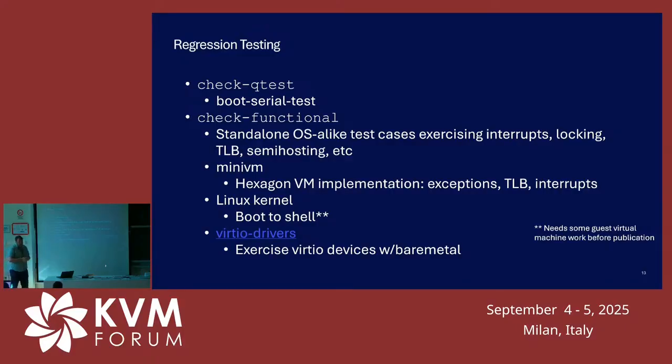We can boot to a shell with the Linux kernel, but that's critically dependent on the progress with the VM, and at least the current state of that mini VM is not quite there yet to be able to get to the shell. And there's a public project called rCore OS that has a Rust implementation of some Virtio drivers, and so we have a contribution there that we can use to exercise Virtio devices as well.